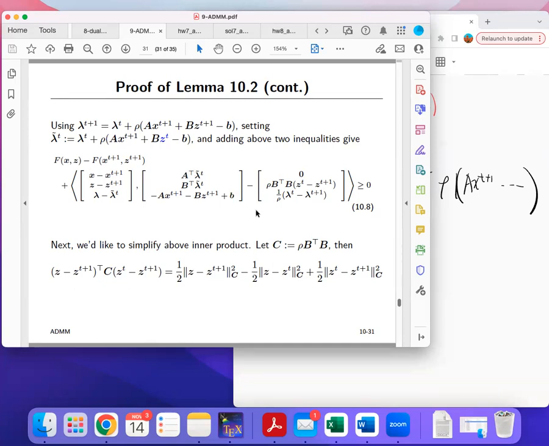C minus C_{t+1} multiplied by this one. This will give us this structure. And lambda minus lambda tilde multiplied by this one.